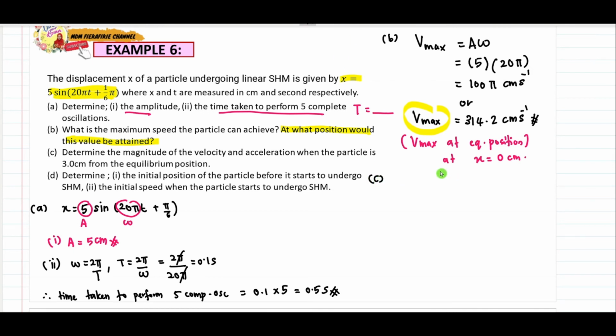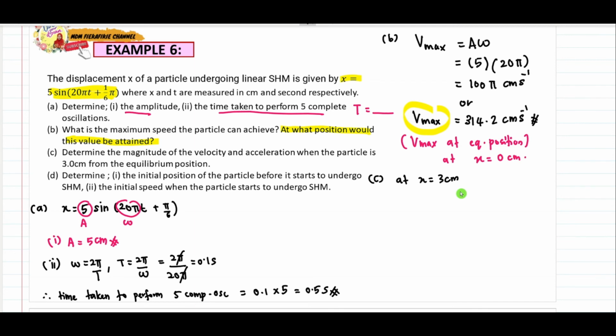Determine the magnitude of the velocity and the acceleration when the particle is at 3 centimeter from its equilibrium. So, we want to calculate what is the velocity and the acceleration. But this time we are not given the time. So, we are given the position of the particle at X equal to 3 centimeter.